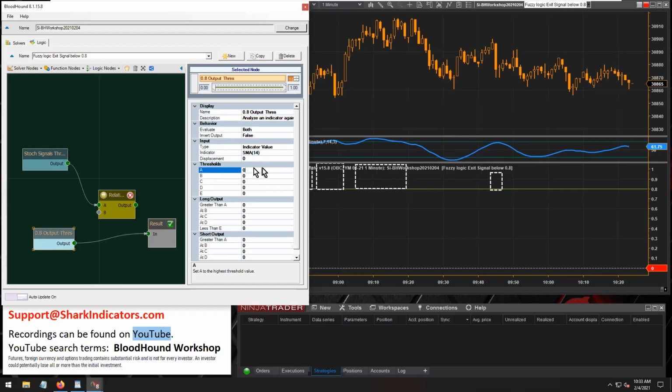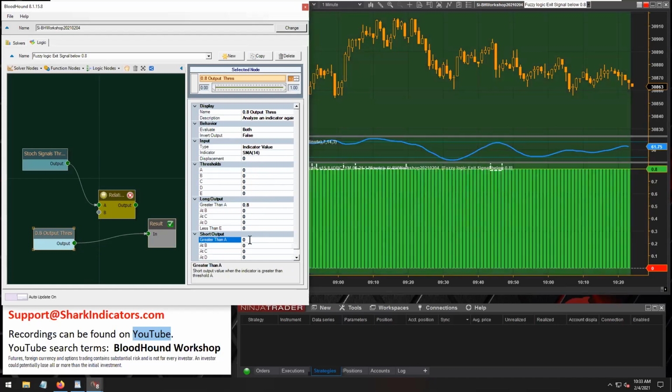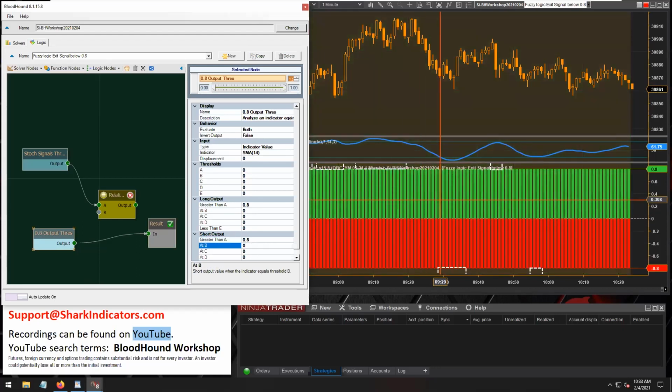So I'm going to leave my threshold values at 0. Moving averages always have a value greater than 0, so that means the solver is always going to have an output value.